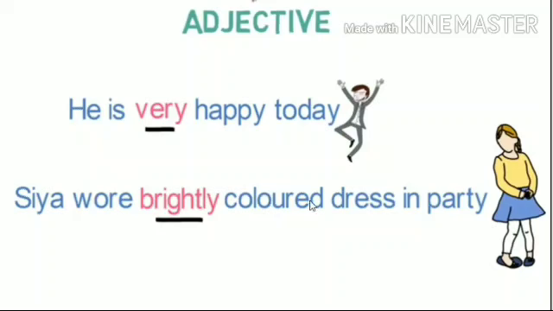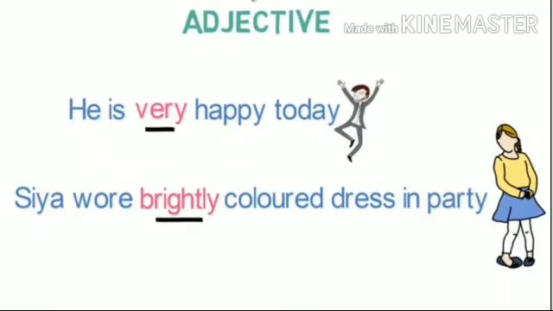Brightly colored. That means the word brightly is describing the adjective colored. That means brightly is an adverb which is describing the adjective colored. So these words, very and brightly, are adverbs that describe the adjective in the sentence.